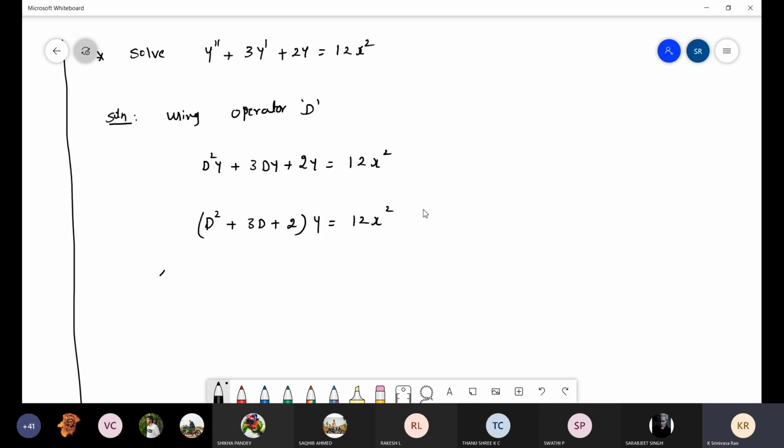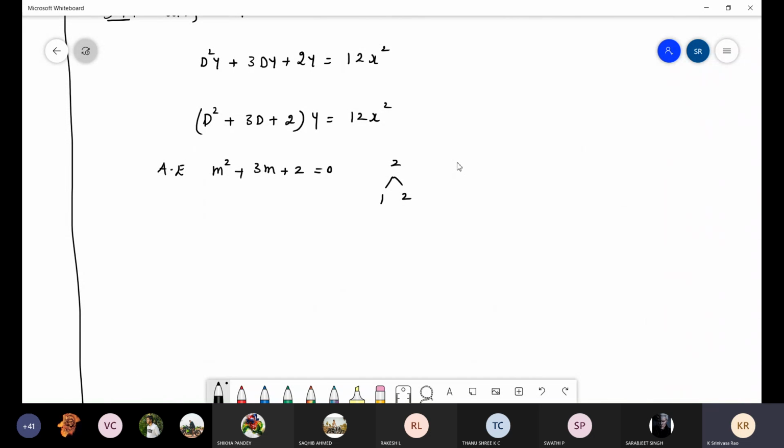Auxiliary equation: m square plus 3m plus 2 equal to 0. For 2, you will get the factors 1 and 2: 1 into 2 is 2, 1 plus 2 is 3.